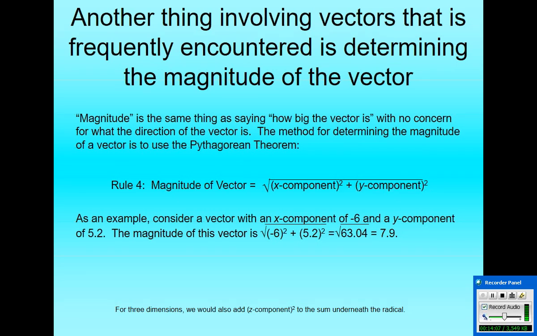And we take 36, we add 27.04, we get 63.04. So the magnitude of this vector is the square root of 63.04, which I calculated to be 7.9. So there's the magnitude of the vector. X component squared plus y component squared, take the square root. To find the magnitude, you Pythagorize the x and y components.